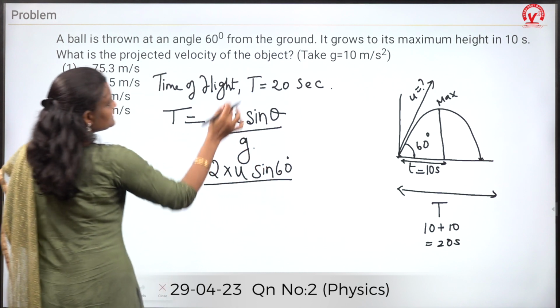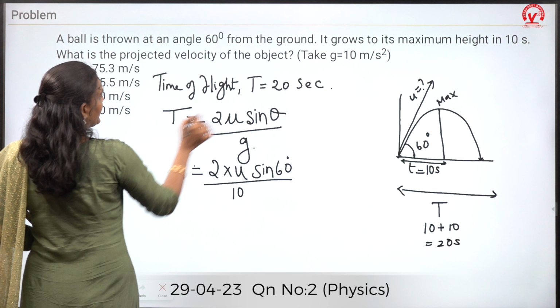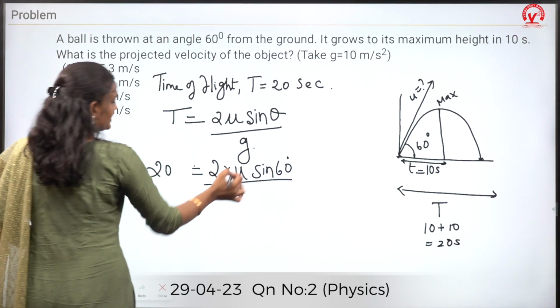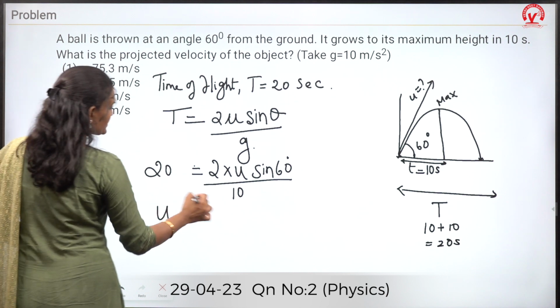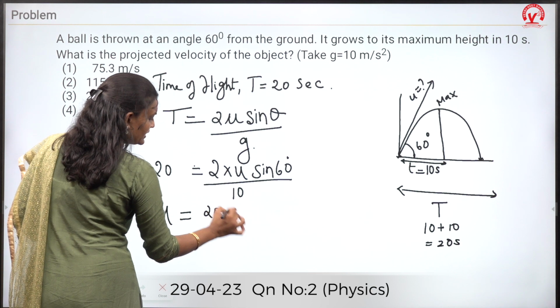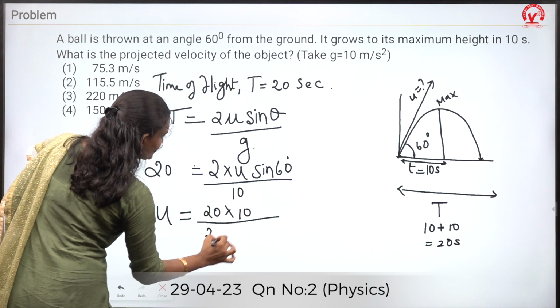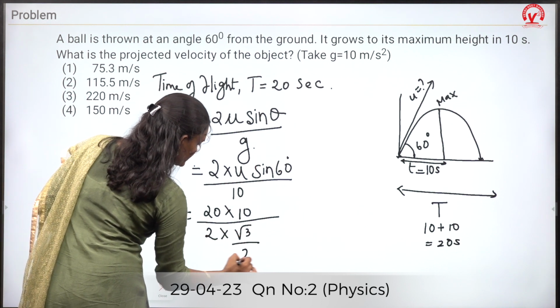They have given g, the acceleration due to gravity, as 10 meter per second square, and the time of flight we are getting is 20 seconds. Now from this we can calculate the projected velocity. u is equal to 20 into 10 divided by 2 into sin 60, which is root 3 by 2.